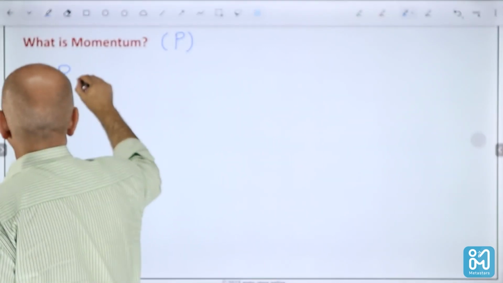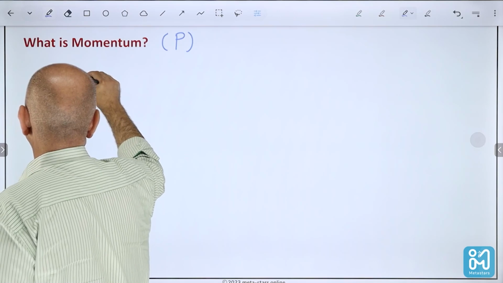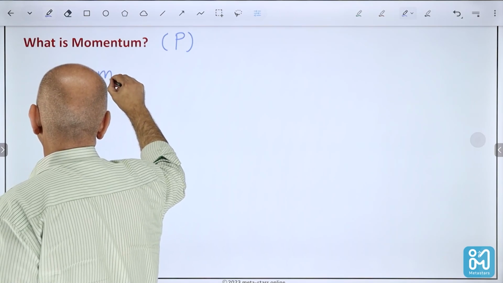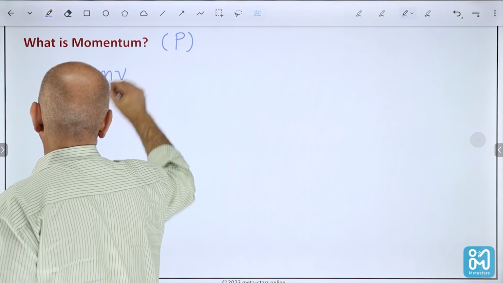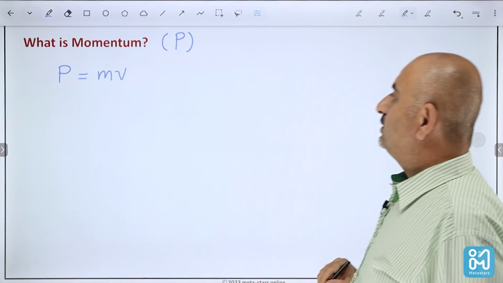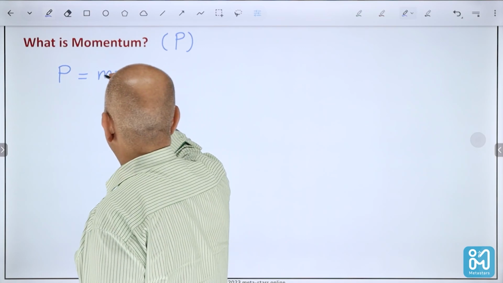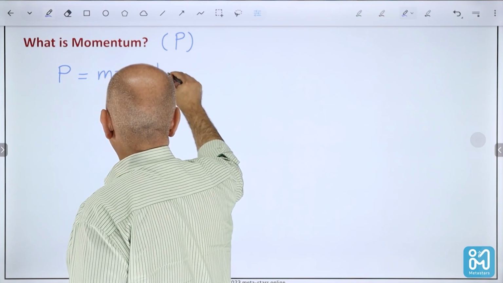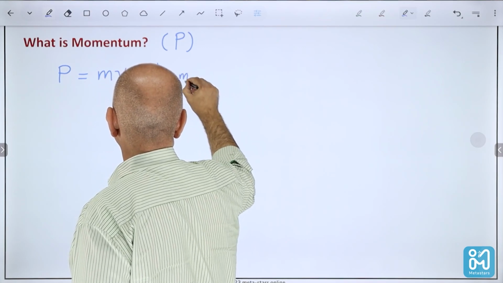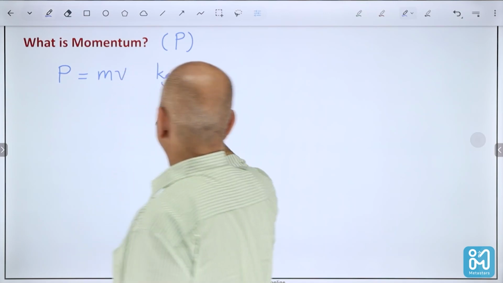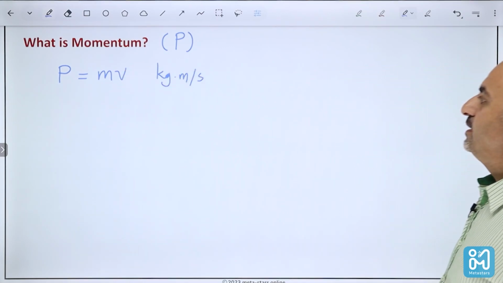Momentum is a vector quantity, and it equals the product of the mass and its velocity. For that reason, what would the unit of momentum be? The mass has a unit of kilograms, and velocity has a unit of meters per second. So the unit of momentum would be kilogram meters per second.